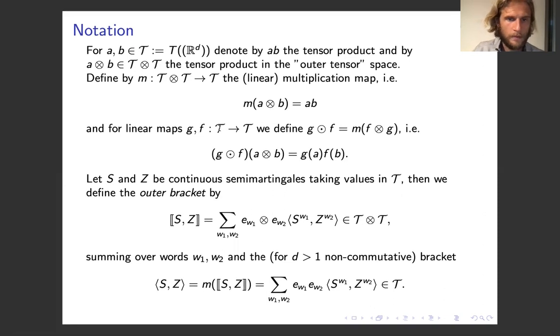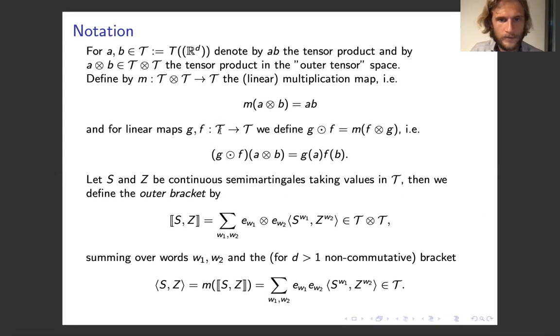And then for two maps mapping from the space of tensor series to the space of tensor series, we define this special product here by taking the two functions in the outer tensor space and then applying the multiplication map to it. And this is what it looks like for two specific tensors.